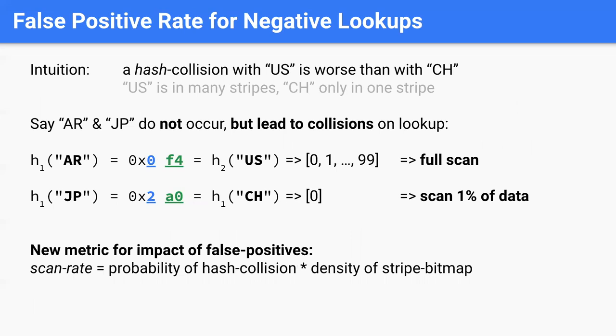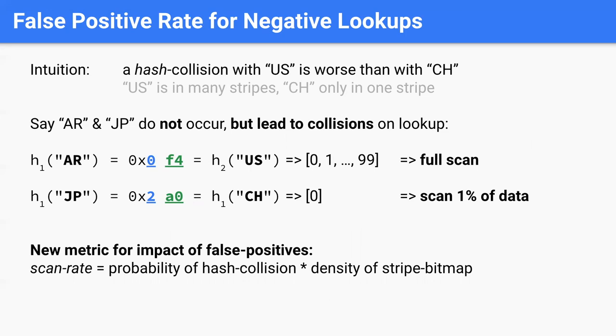While positive lookups are mapped correctly, negative queries can obviously lead to false positives. So after placing all fingerprints and making them collision-free, we may allocate additional bits to certain fingerprints to control the overall false positive rate. The intuition here is that certain hash collisions are worse than others.